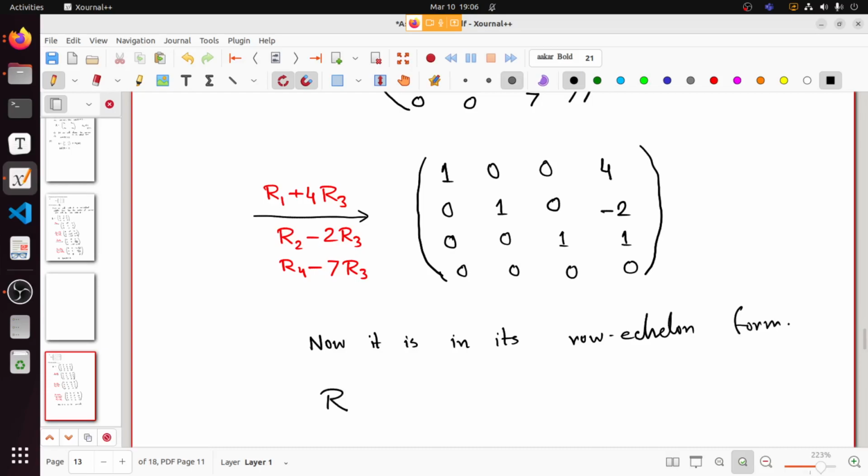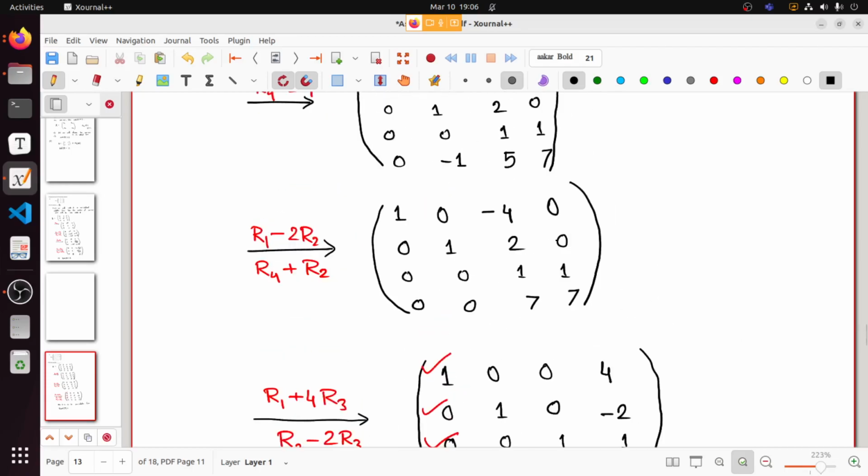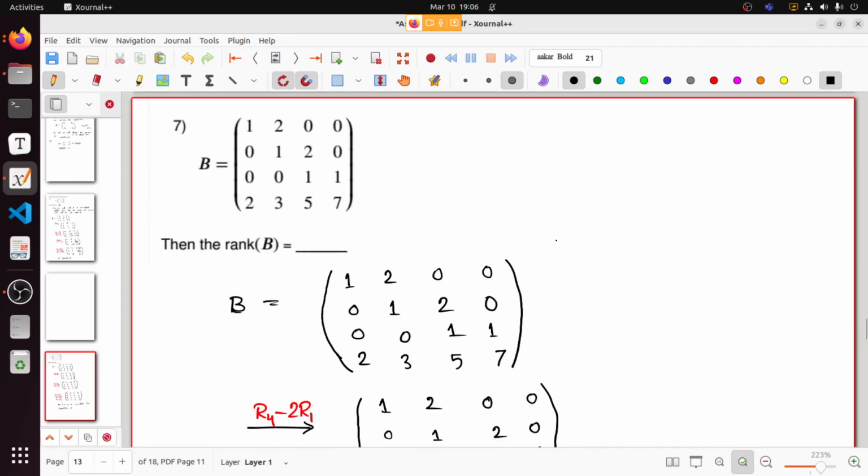So the rank of B is the number of non-zero rows in the matrix B. So what is the number of non-zero rows? 1 2 3, and the fourth row is 0, so the rank of B is 3, right? So the rank of B is 3. So question number 7 is also done. Let's move to question number 8.